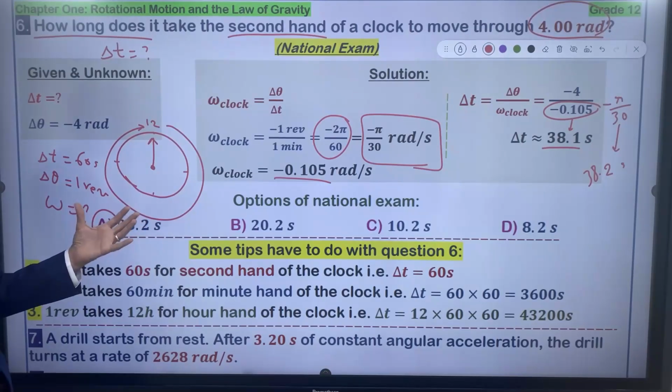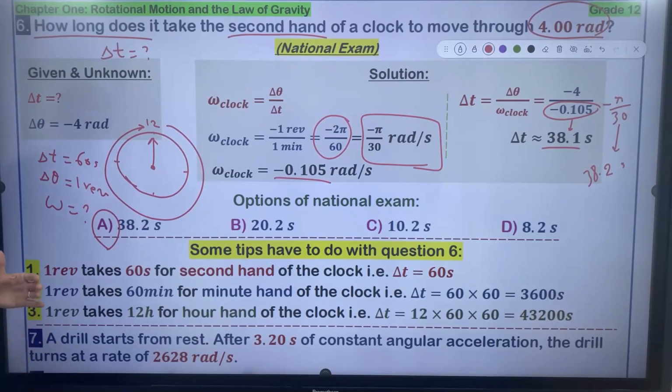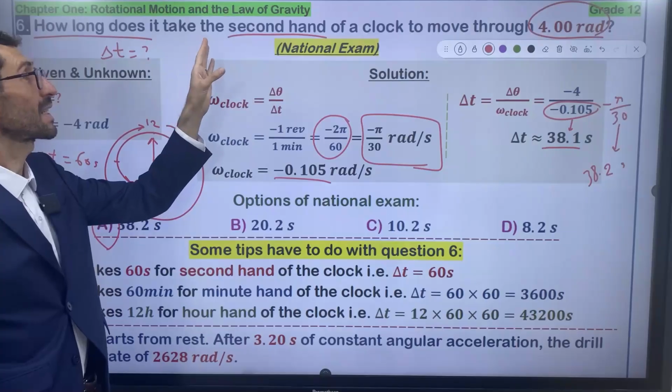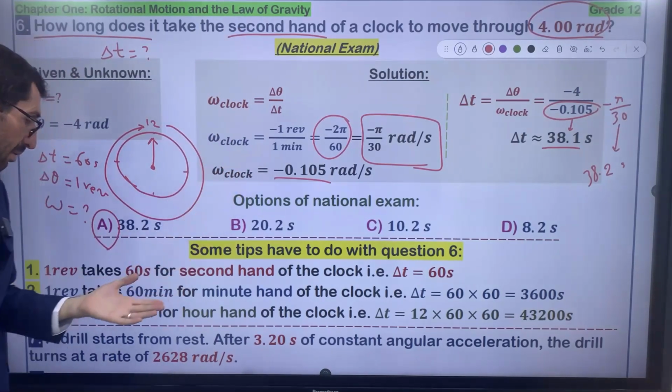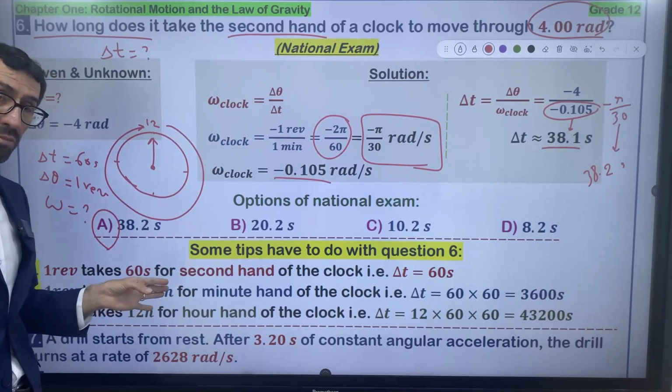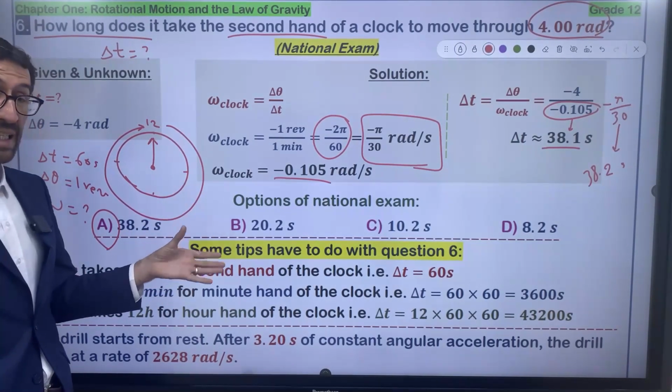So I prepared some tips for you about the second hand, minute hand, or hour hand of any clock. In the national exam, I have only seen this form of questions, the second hand. But maybe this year or next year's exam we encounter other cases of the clock.